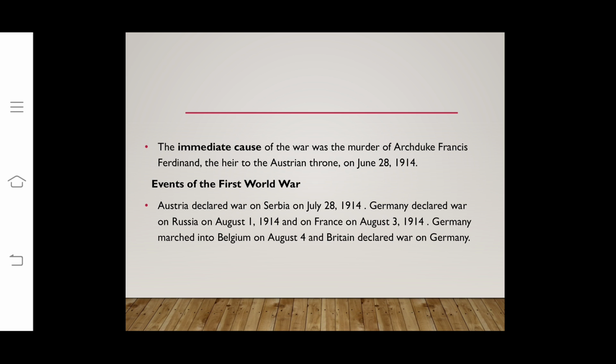In 1912, four Balkan countries, Serbia, Bulgaria, Montenegro, and Greece, started a war against the Turks. As a result of the war, Turkey lost her possessions in Europe. The Balkan countries fought another war to decide the distribution of former Turkish territory among themselves.